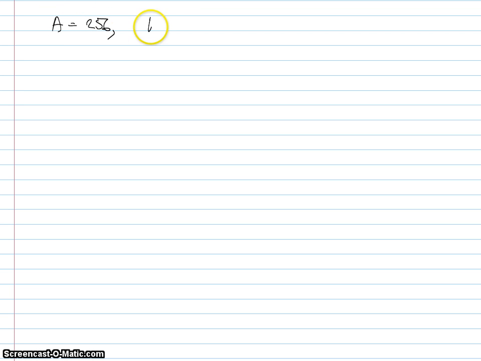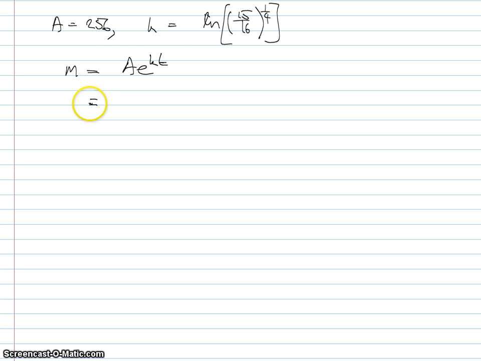I had k is equal to ln of (15 over 16) to the power of a quarter. And I had m is equal to a e to the kt. So let's substitute that in. It's going to get a bit messy, but this will be 256 e to the t ln of (15 over 16) to the power of 1 over 4.